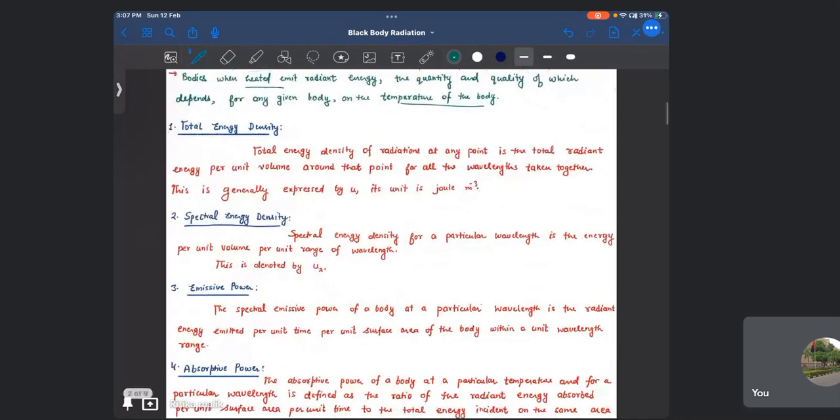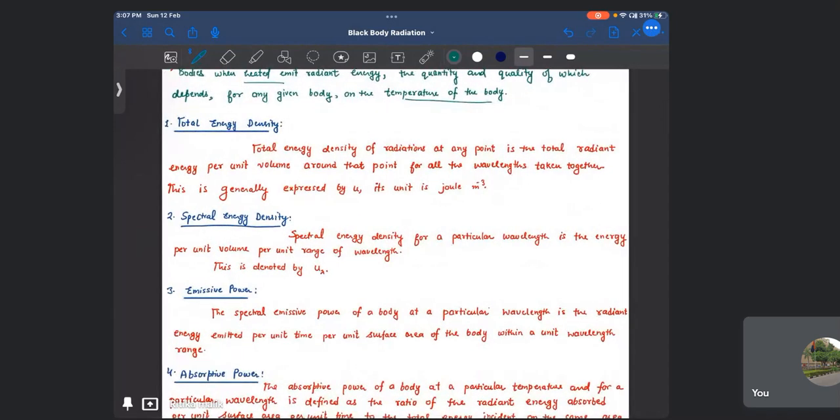There are certain quantities that we are going to use in future as well, so it's better to understand them. One is the total energy density. Energy density means you have energy per unit volume, and total energy density means you have taken care of all the wavelengths as well. So the total energy density is the total radiant energy per unit volume at a point, for all the wavelengths taken together.